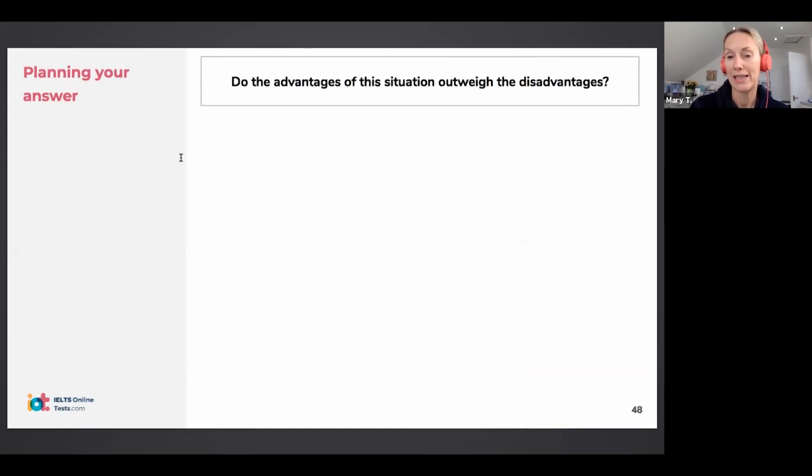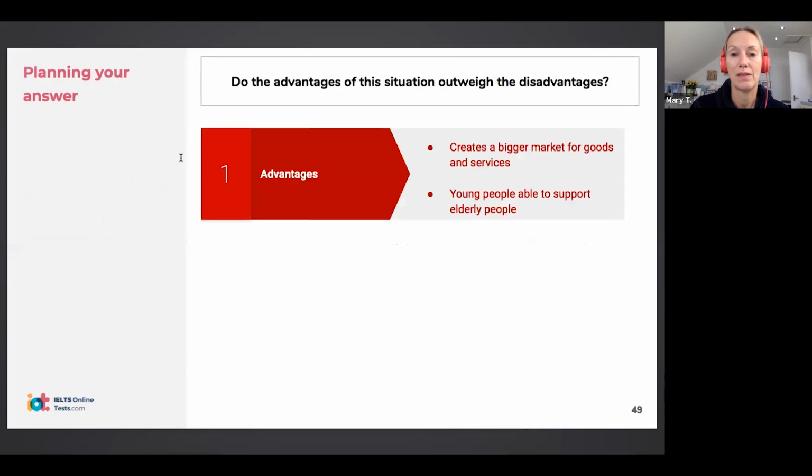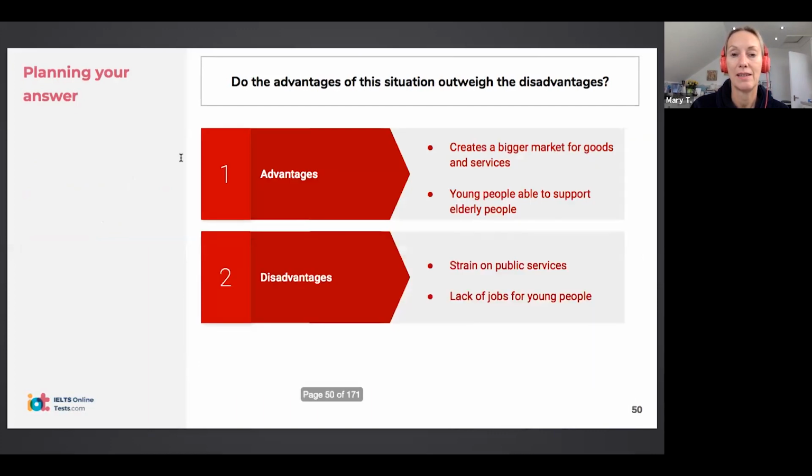Now coming back to the question we're looking at today: do the advantages of this situation outweigh the disadvantages? Just to remind you, the advantages: it creates a bigger market for goods and services, and young people are able to support elderly people.